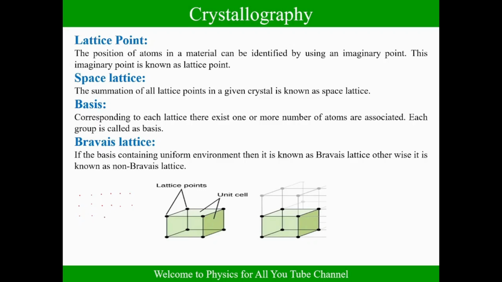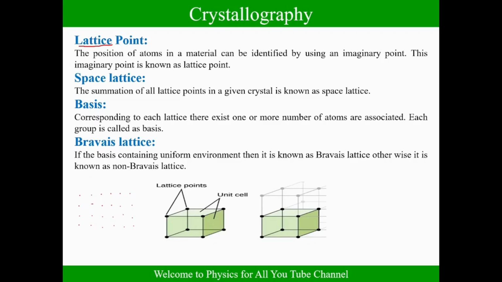If atomic locations can be found, then with the help of these atomic locations, we can identify whether the given material is a simple cubic structure, body centered, face centered, or base centered. In order to identify all the atoms in a given material, it is necessary to identify the atomic locations. These atomic locations can be identified by using a reference point. That reference point is called a lattice point.